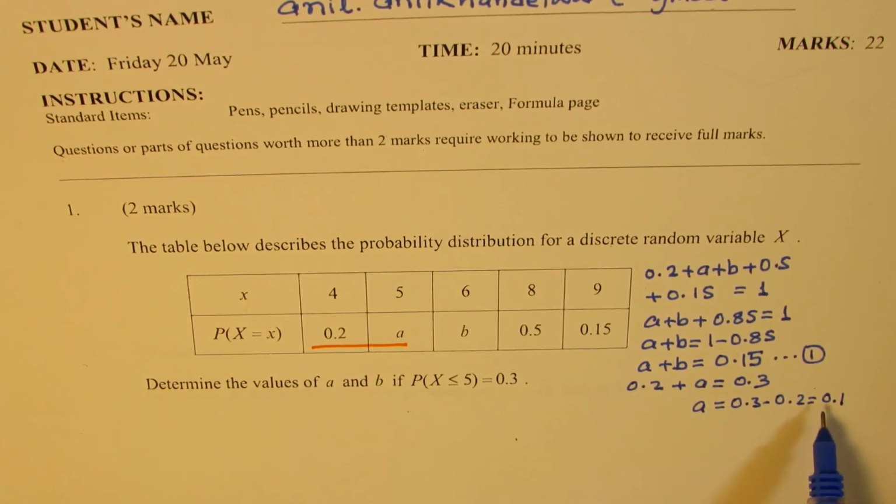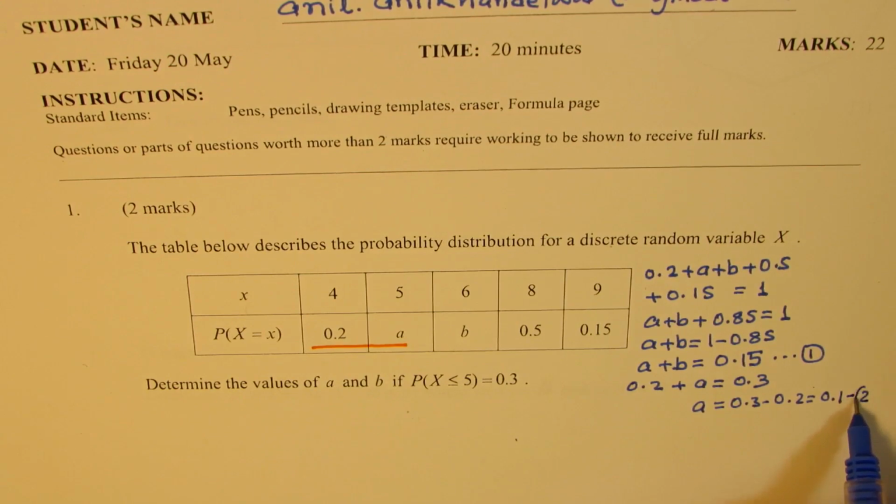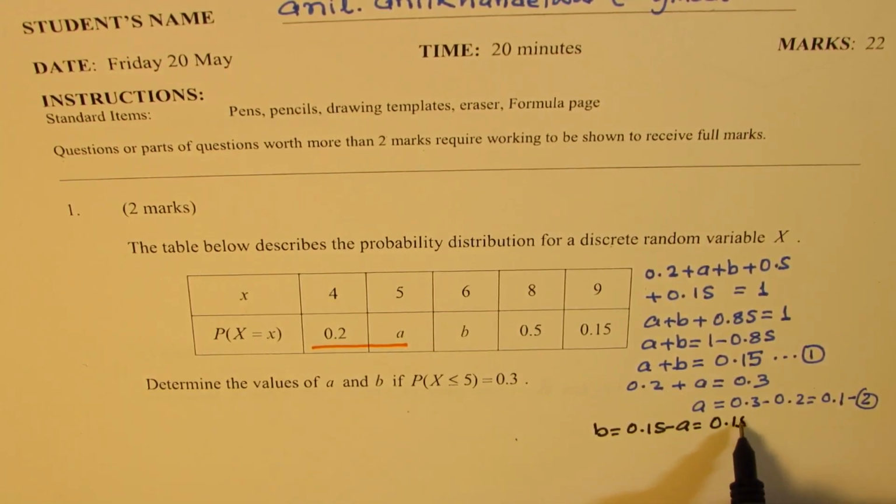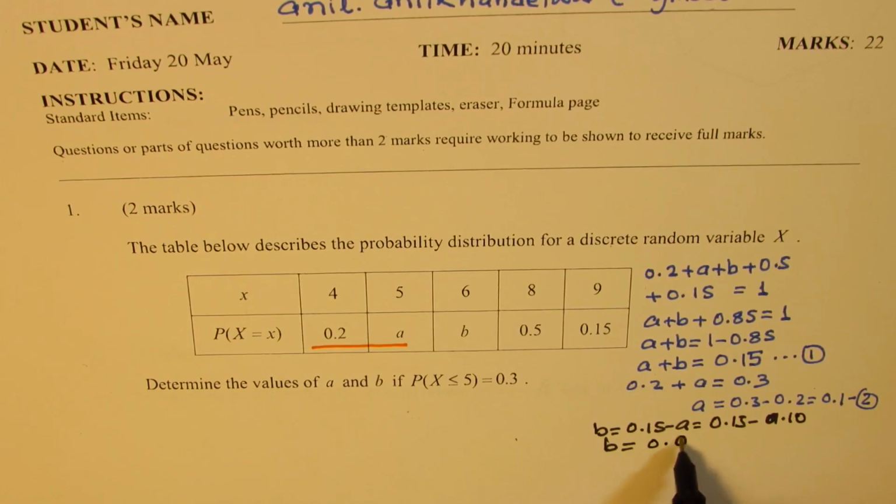Now we know what a is. To find b, we'll substitute this value in equation number 1. So we can write b as equal to 0.15 minus a, which is 0.15 minus 0.1, and that gives me the value of b as 0.05.